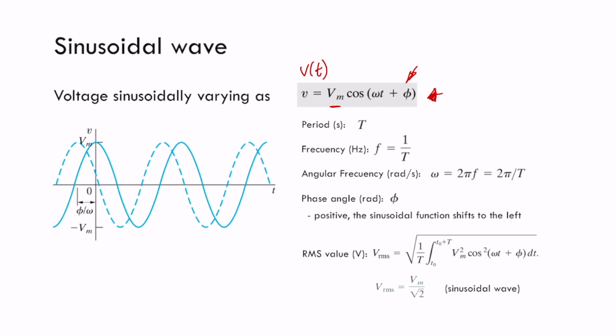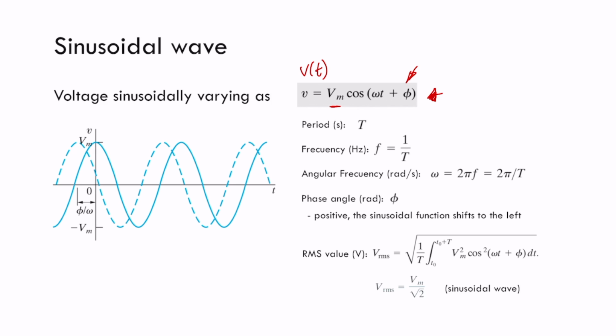Some very basic definitions: we call period T, also measured in seconds, the time in which you complete one cycle. The number of cycles that you have per second is called frequency, measured in 1/seconds, basically in hertz.